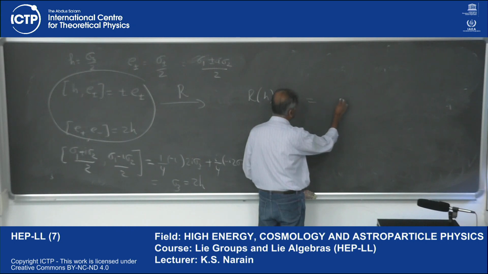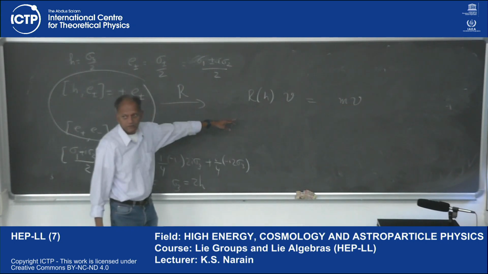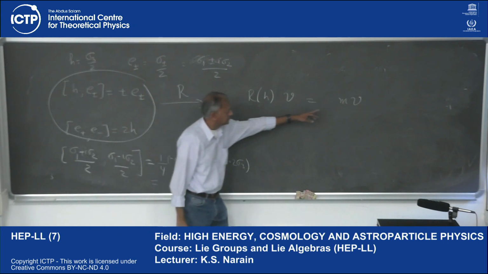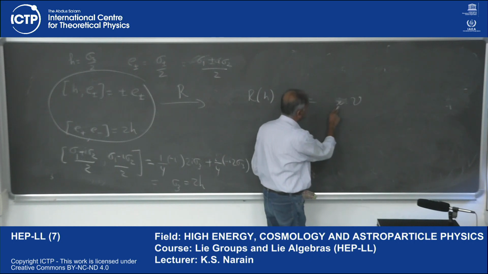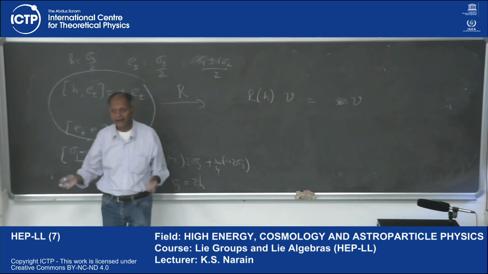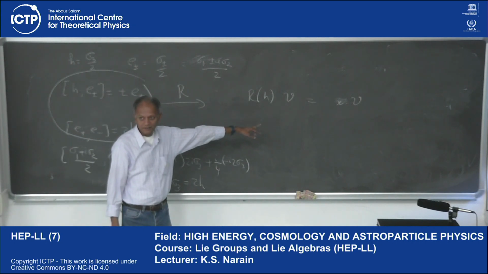Let's just call it X, because at the moment I don't know what the value is. X could be any real number because this is Hermitian, so the eigenvalues are real numbers.